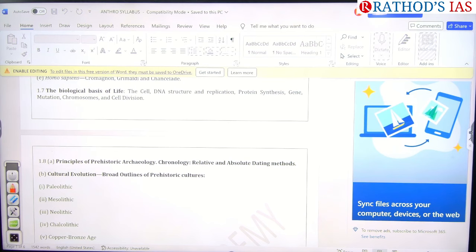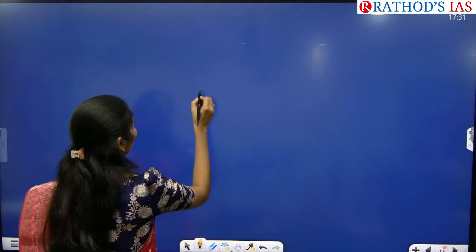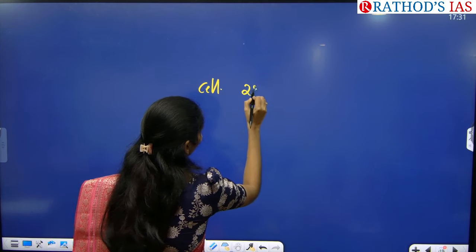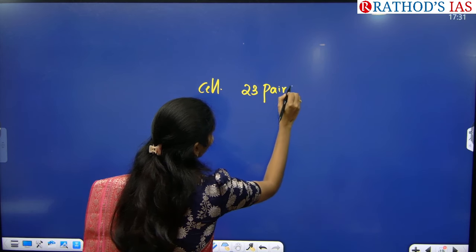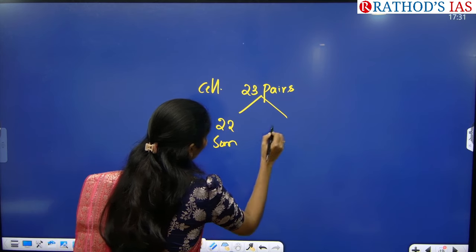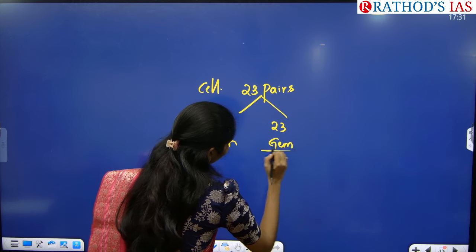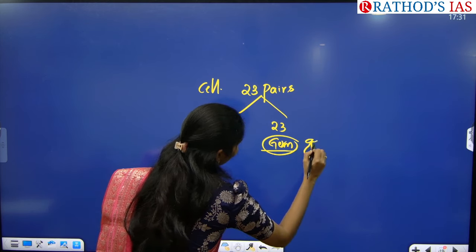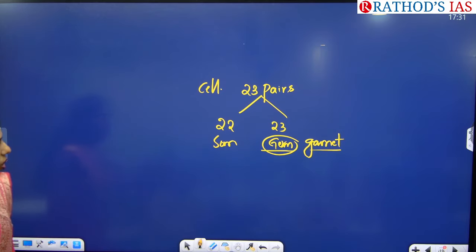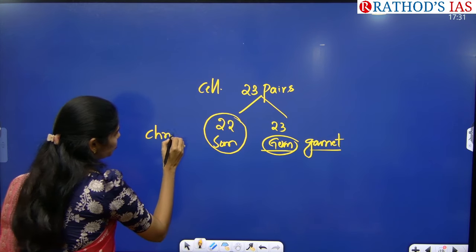So what is a chromosome? This is a very important concept. Every cell has 23 pairs of chromosomes. Of these 23 pairs, 22 are somatic and the 23rd is related to the gametes, that is the egg cell or sperm.